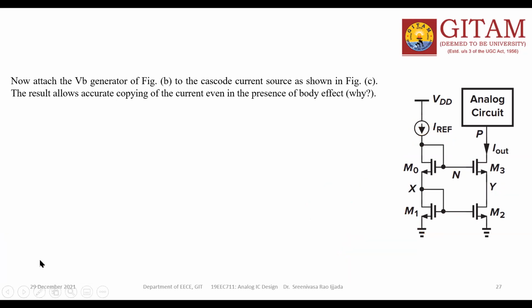Got my point? What is this circuit? The cascode current mirror circuit. Why is it called cascode? Here the devices are cascoded. Earlier these two devices were not there, but now they are included to account for channel length modulation and body effect.